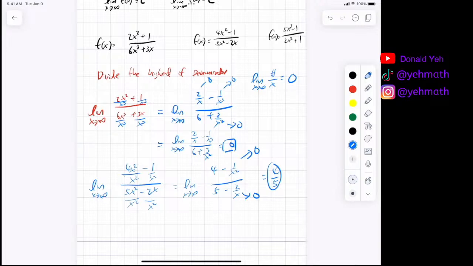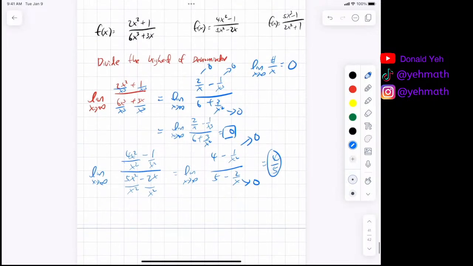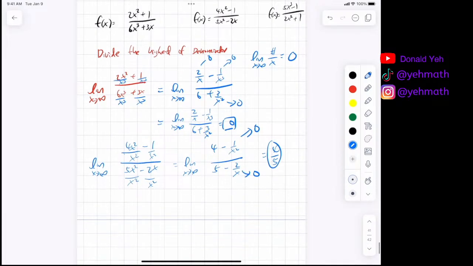Last one. I'm going to do limit x approach to infinity of 5x cubed minus 1 over 2x squared plus 1. Again, the highest degree of the denominator is going to be x squared. So I'm going to divide everything by x squared. So that's equal to limit x approach to infinity of 5x minus 1 over x, over 2 plus 1 over x squared.